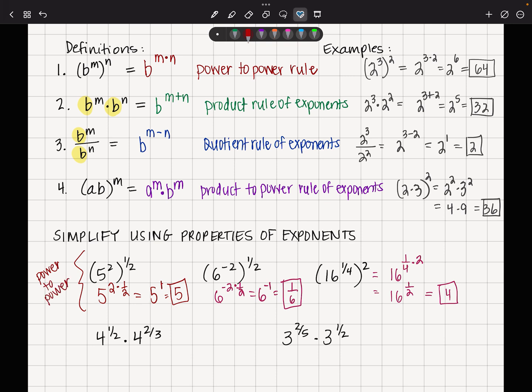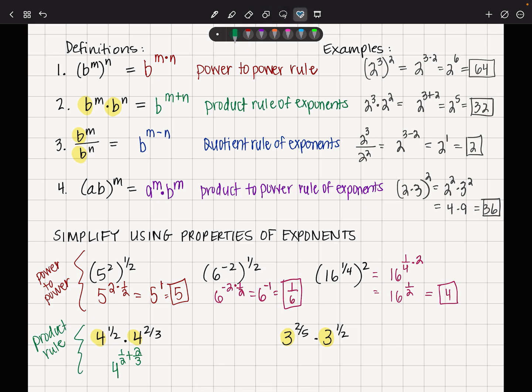Now these next ones, you can see that they have the same base. So same base when we're multiplying, that's going to be the product rule. So these right here are the product rule. And with the product rule, we keep the base and we add the exponents. 1/2 plus 2/3.